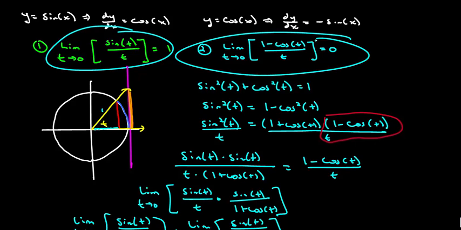Okay, now how are we going to use those? Well, what we're going to do is write out the definition of the derivative. So let y be equal to, let's start with sine x. What we want to find is y prime, or dy/dx.